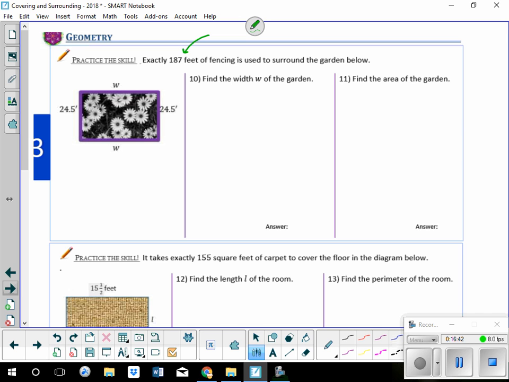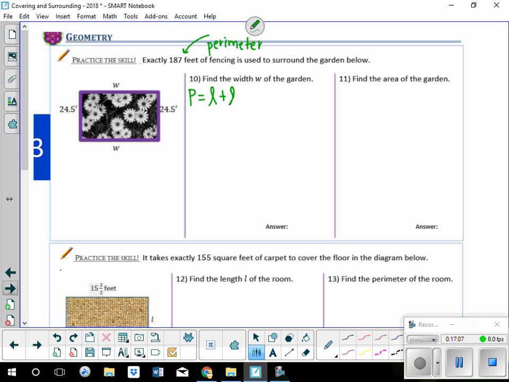Perimeter. Yeah, we call that the perimeter. So we know from the work that we've been doing that perimeter is equal to the length, remember, that's my L for length, so it doesn't look like a 1, plus the length, plus the width, plus the width.